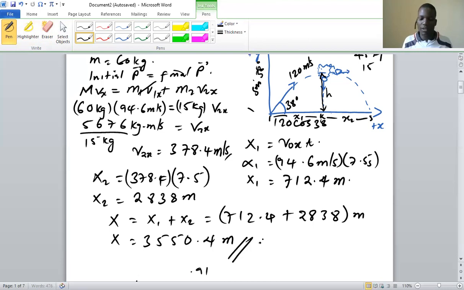So that would be the distance. This is how we calculate the distance.